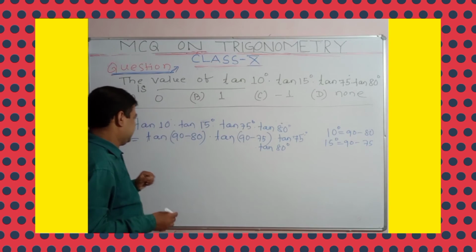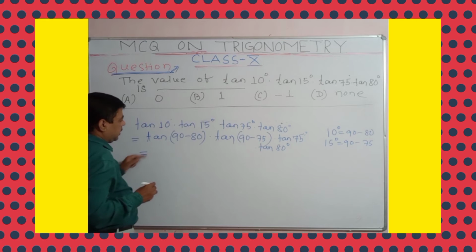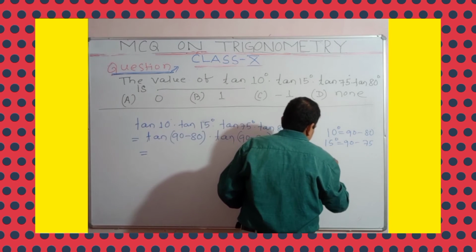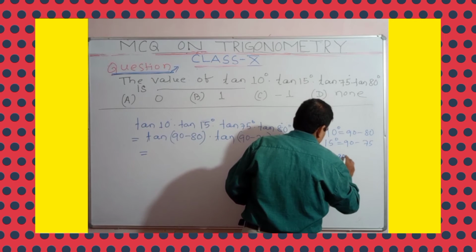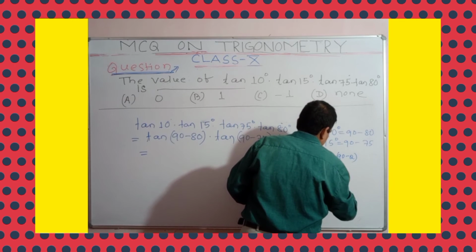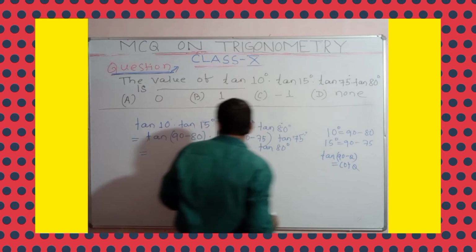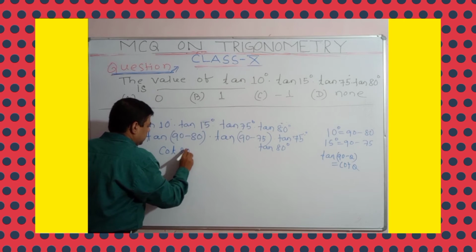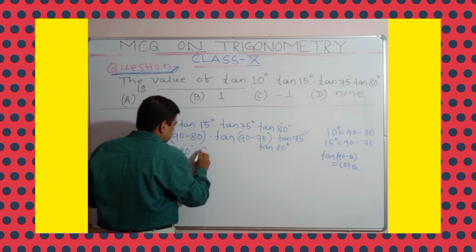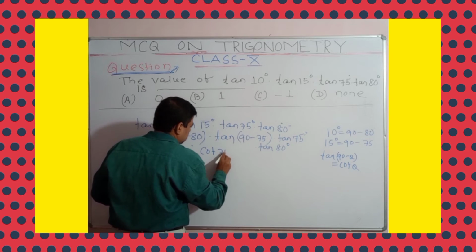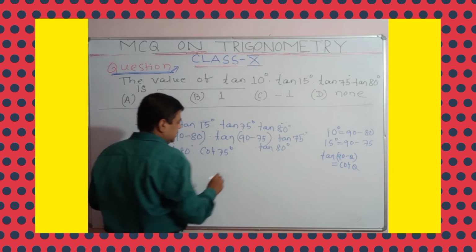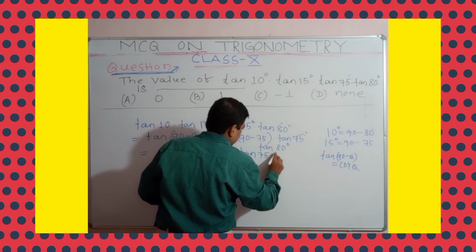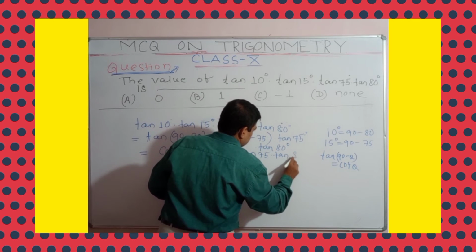So according to the formula, tan 90 minus theta, what is the formula? Cot theta. So here you write cot 80 degree into cot 75 degree into tan 75 degree into tan 80 degree.